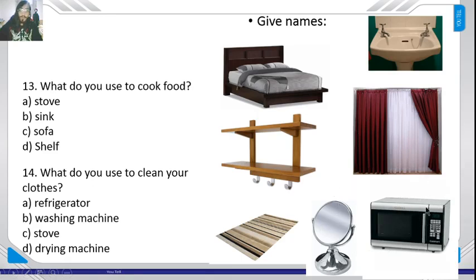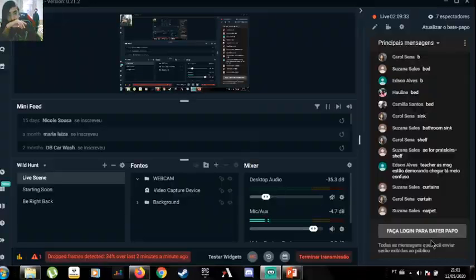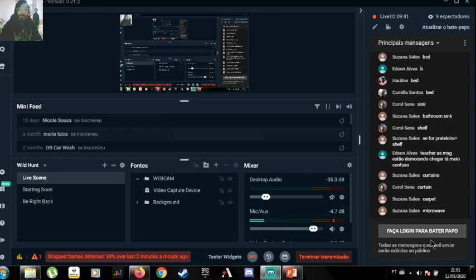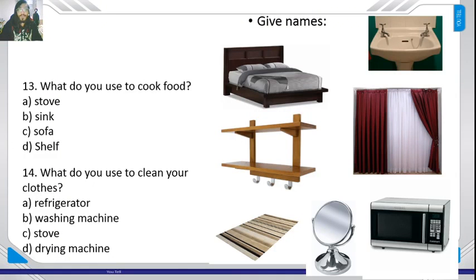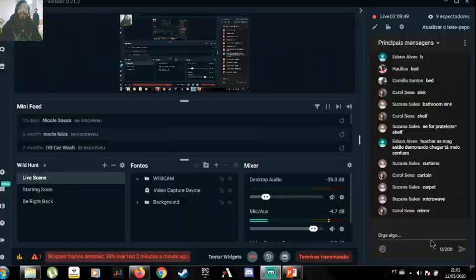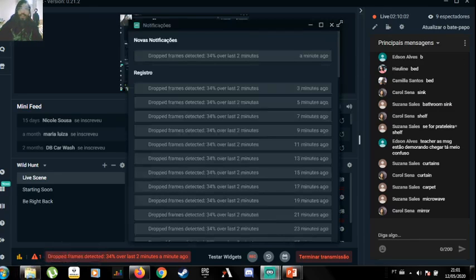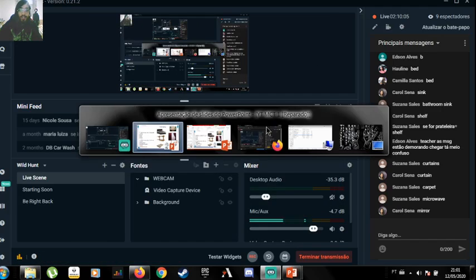Como eu falo micro-ondas em inglês? Carpet, pode ser rug também. Microwave. Mirror. Very good. Microwave, espelho, mirror. Microwave, micro-ondas. Carpet ou rug, tapete.